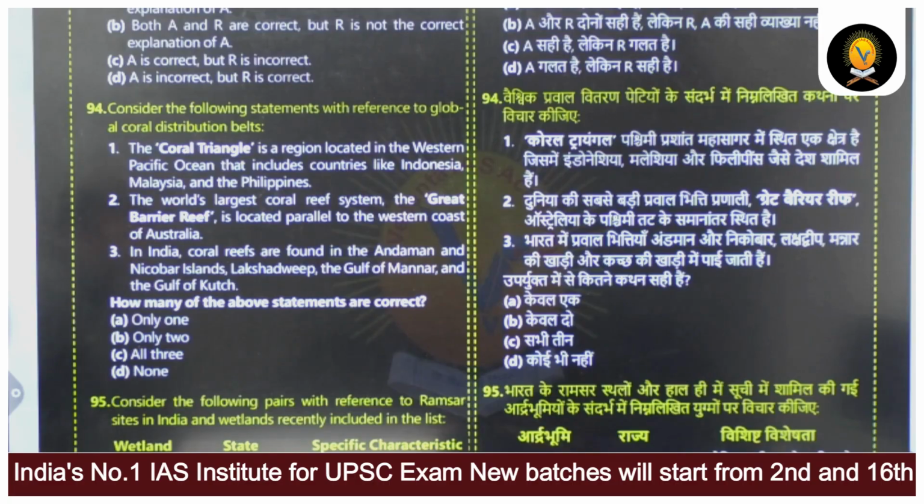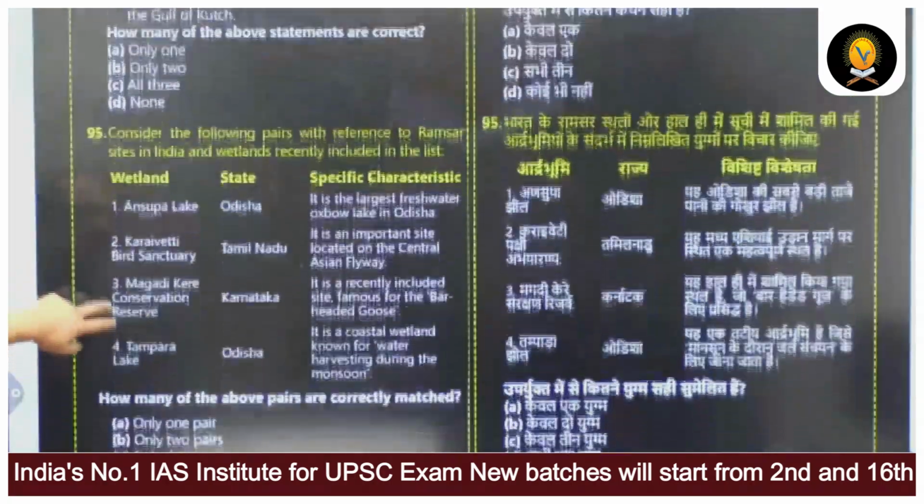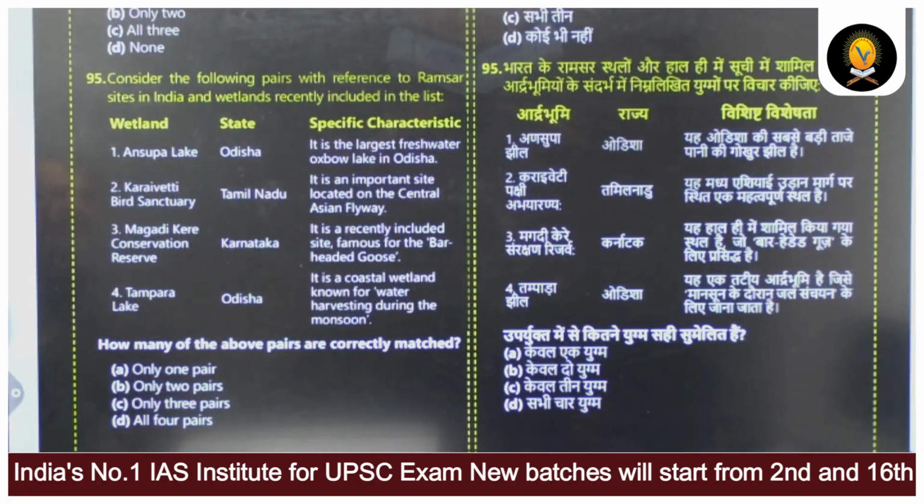Now next is wetlands and states. Ansupa Lake was recently in the news. So 95: Ansupa Lake, Odisha, the largest freshwater oxbow lake in Odisha, correct. Karaivetti Bird Sanctuary, Tamil Nadu, an important site located on the Central Asian Flyway, correct.